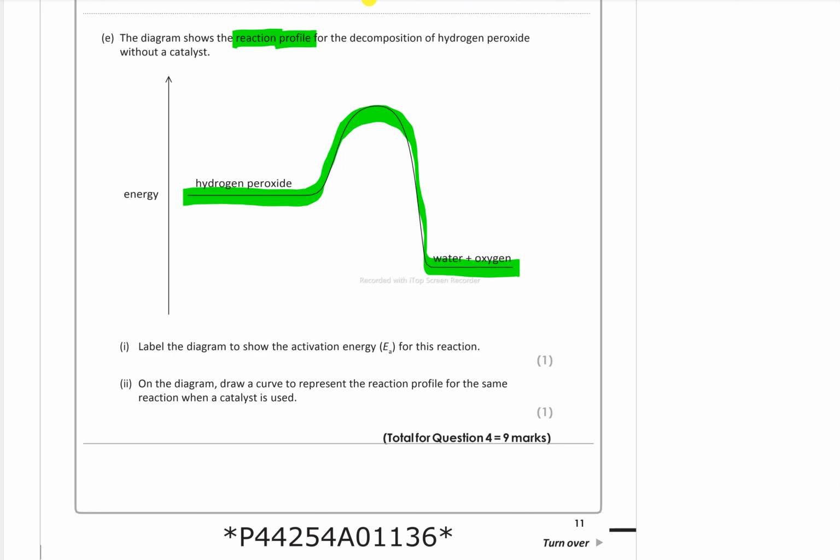Right, now we need to show on this diagram the activation energy, EA. So look, what you do is you draw a line from the top to the bottom and label it EA, activation energy. On the diagram, draw a curve to represent the reaction profile with a catalyst, and it's always the same.